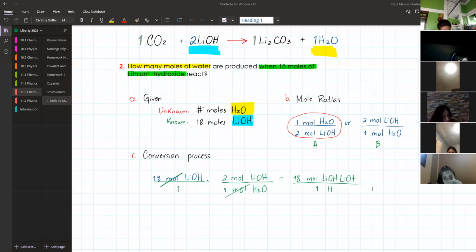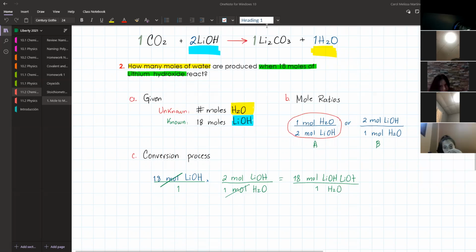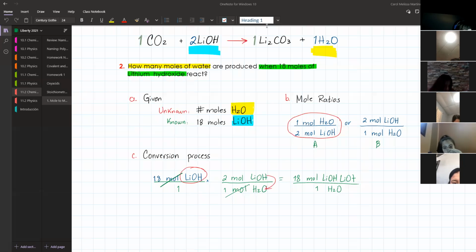So it doesn't make sense, right? It doesn't make sense if you do it like that. So remember that you need to keep the LiOH in the top, but also in the bottom. So the right way to use it is the other way, the part A, okay? So this is the conversion factor that you should use.